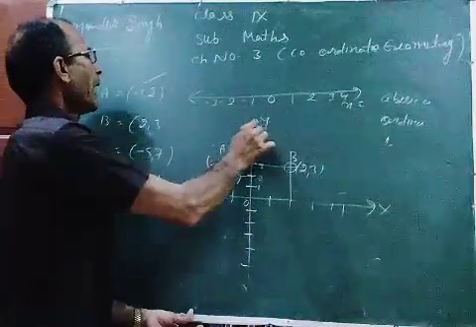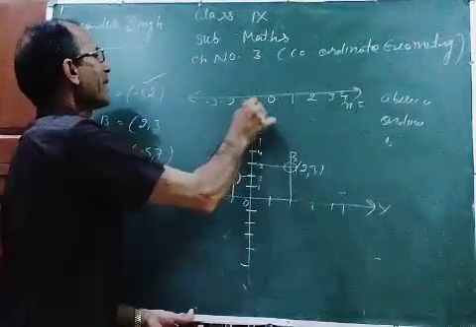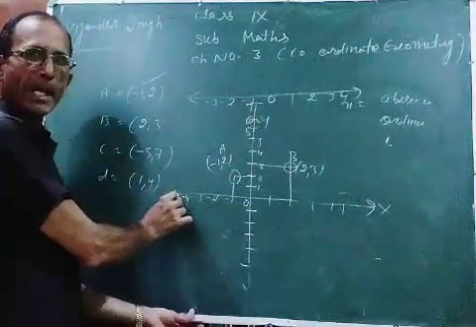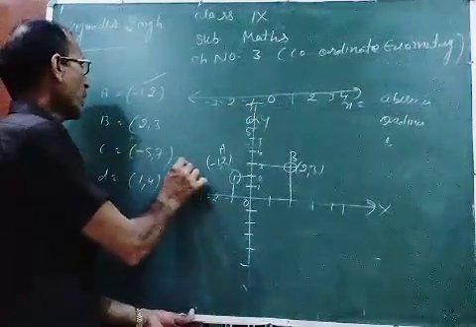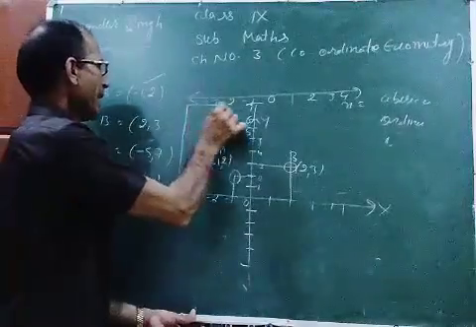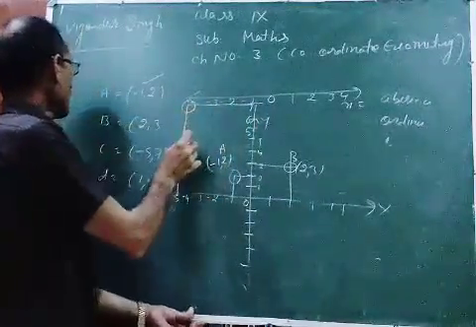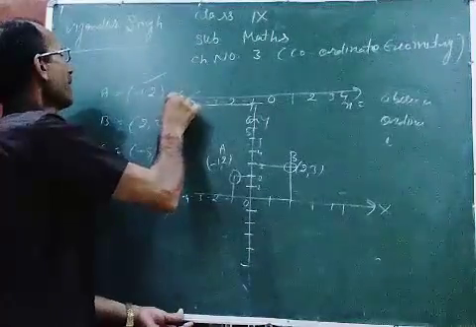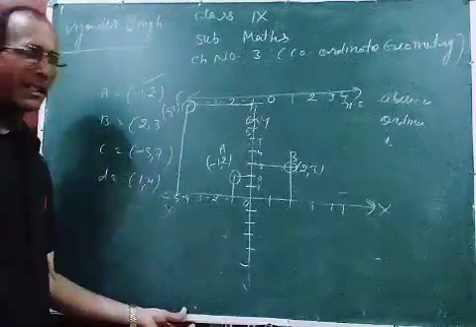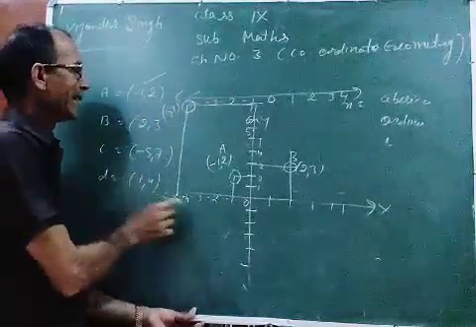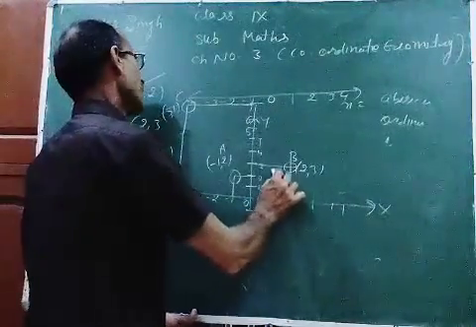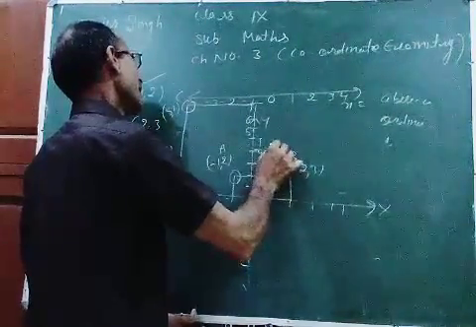So 5, like this 6, and here is 7. So the value of x is -5, and the corresponding value of y is 7. So this will be point C, (-5, 7). Next is D. The value of x is 1 and y is 4. So this will be D.